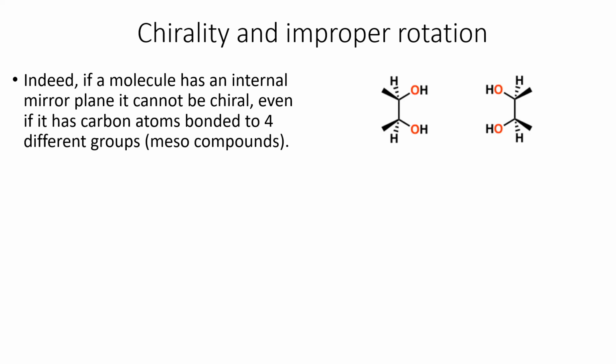If you look at the molecule on the left, you can see that each carbon atom is bonded to 4 different groups. And there is an internal mirror plane bisecting that CC bond, a horizontal mirror plane. So we can put a mirror to the right-hand side of the whole molecule and look at its reflection. We ask ourselves, is this a superimposable mirror image?